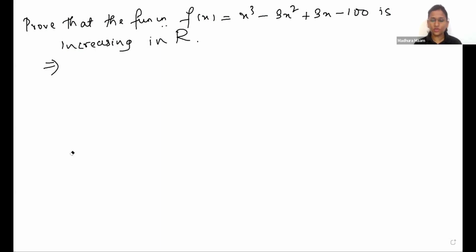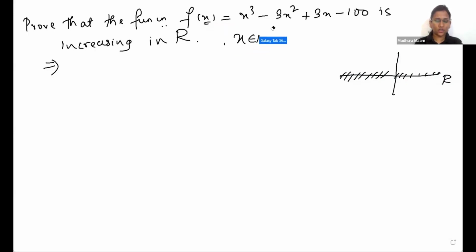If you start plotting this on real numbers, how many real numbers we have? Infinite. So at every value of x, this is increasing anta artha. Correct? Okay, so they are telling prove that the function f of x is increasing in R. Increasing in R andre every value of x where x is belonging to R means for every real number it is increasing anta artha.